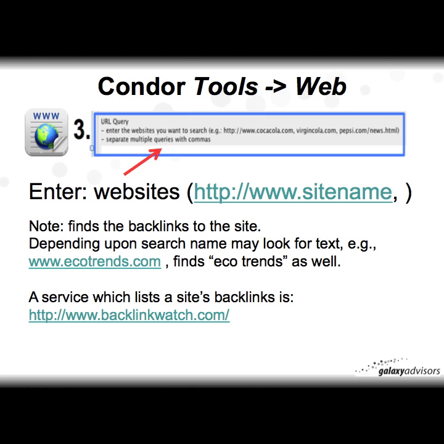It may not give you the results that you're interested in. So again, be careful about the names and examine your output carefully to make sure these results are relevant to your search. And a service which lists a site's backlinks that I found is helpful actually is www.backlink.com.